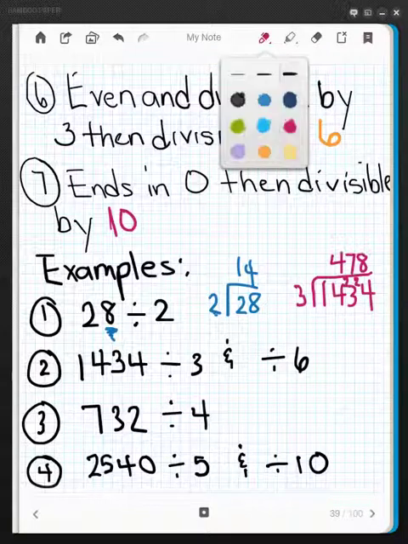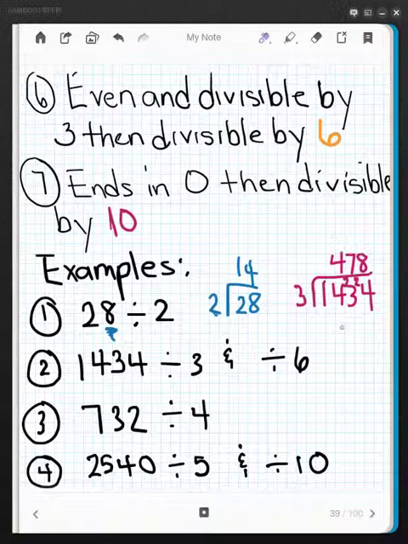Now the kicker here is that this one should also be divisible by 6, because you see that this ends in a 0, 2, 4, 6, or 8, it ends in a 4, and it was divisible by 3.